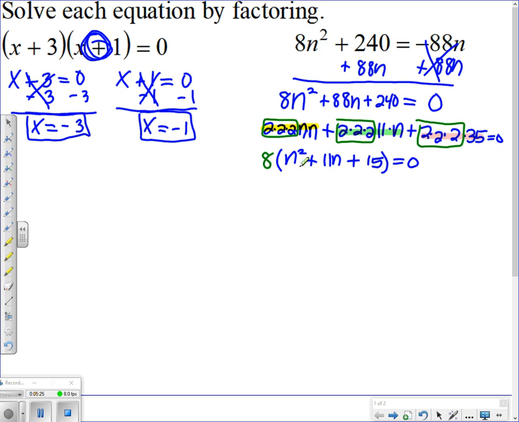Now for this, I need to use it is a quadratic, and there's this trinomial, 3 of them, so I can use the x box method. So here's my x, and here is my box.